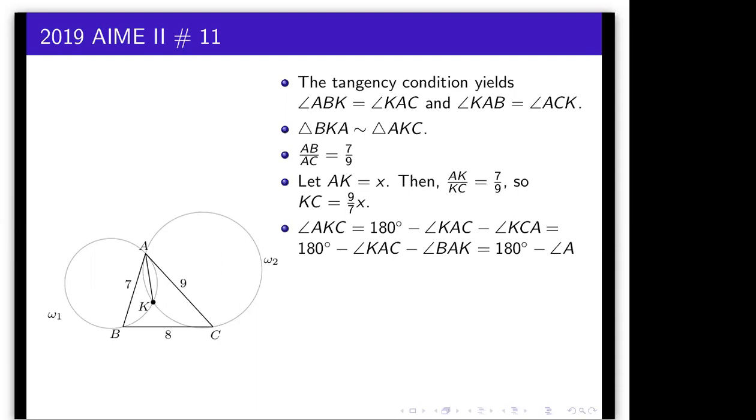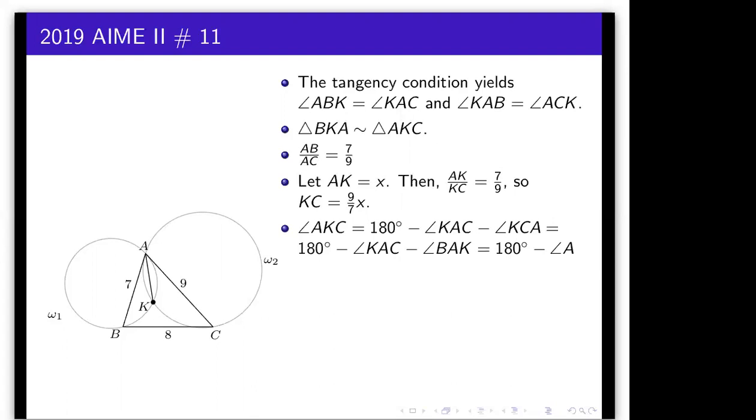So this is 180 minus KAC minus BAK, but KAC plus BAK is just angle A. So this simplifies to 180 minus angle A. Now this is useful because cosine of angle AKC is the negative of cosine A.